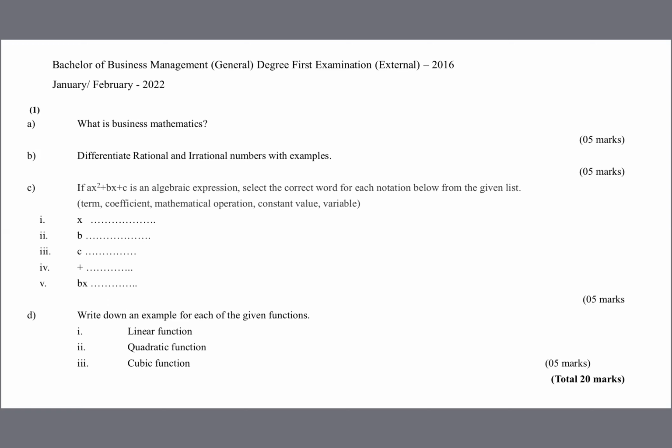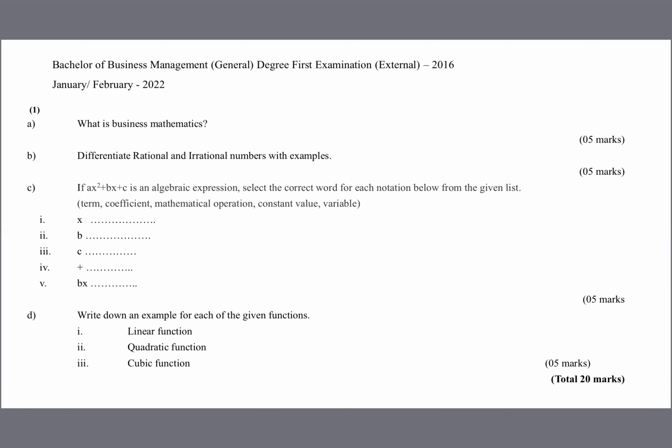The section is: what is business mathematics, right? So first of all, this is not mathematics, that means this is not a problem you want to solve, you can just explain. This is the descriptive type of section.